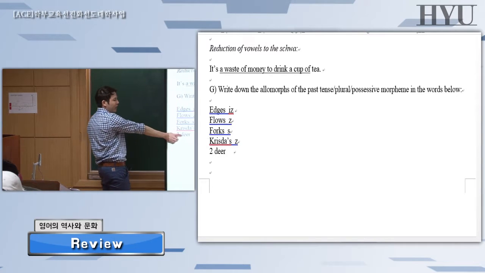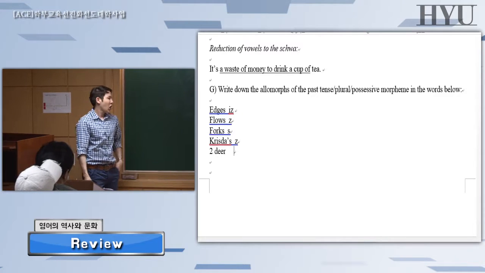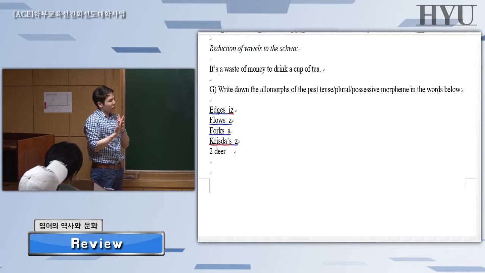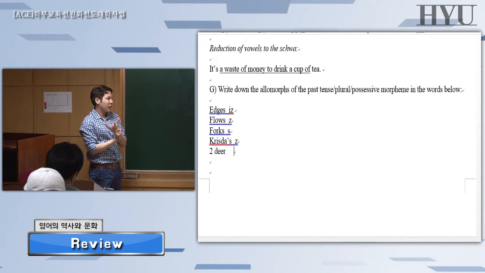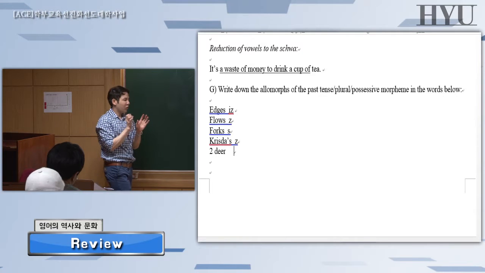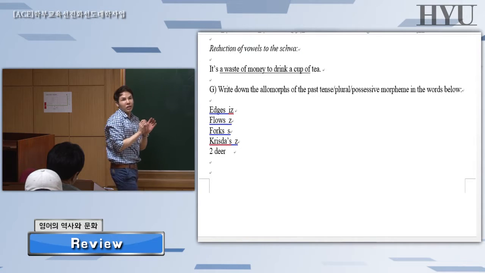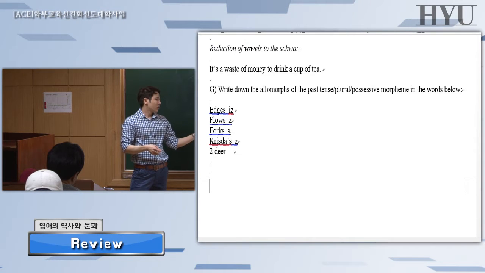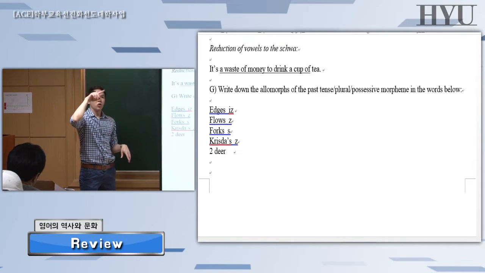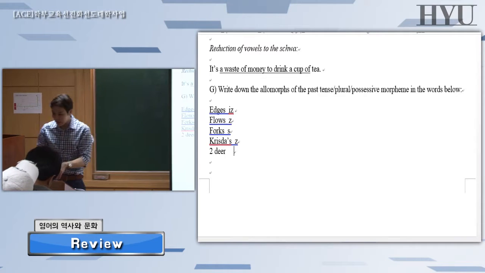And then finally, the word deer. In English, words like deer, fish, salmon, trout, we don't add S. Even though it's plural, we use the same form. So there's no allomorph here. So we say it's zero.